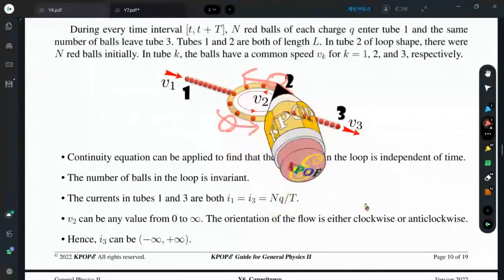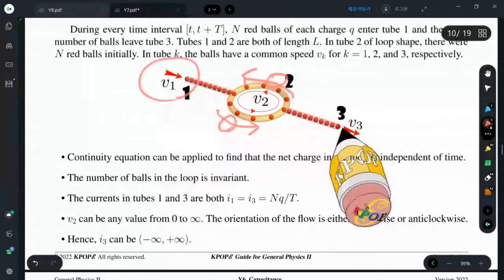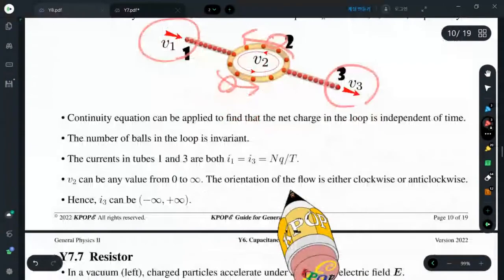So regardless of the velocity inside, uniform entering, uniform leaving, then the charge can be conserved. So this is an interesting mathematical problem.